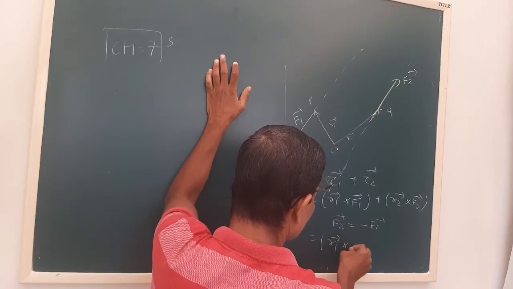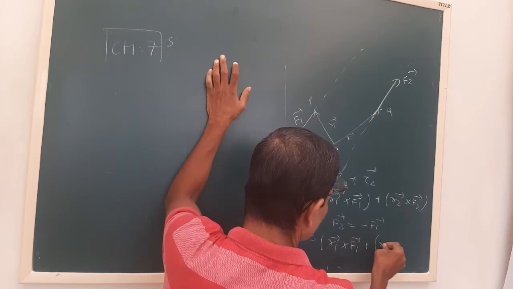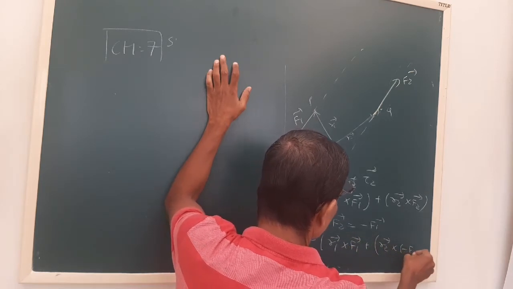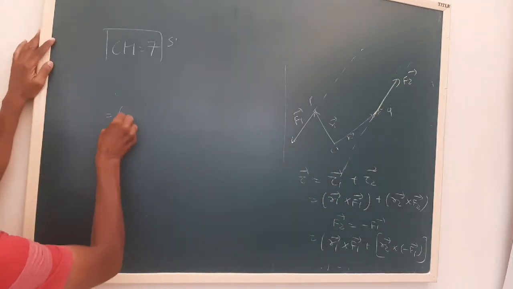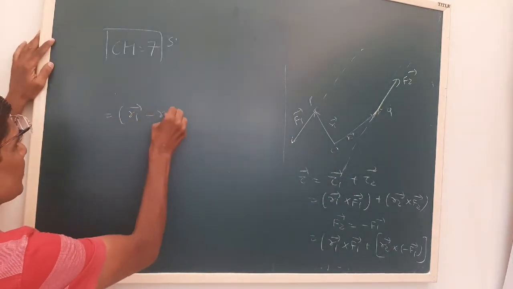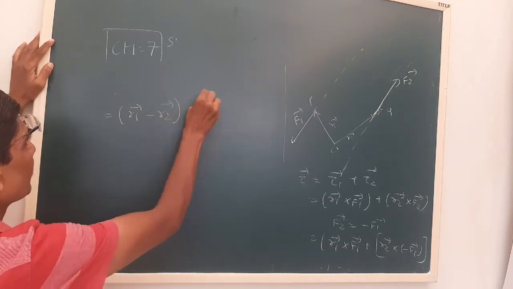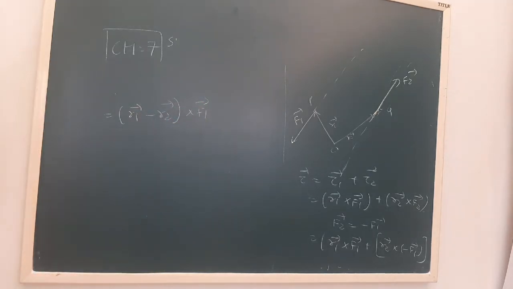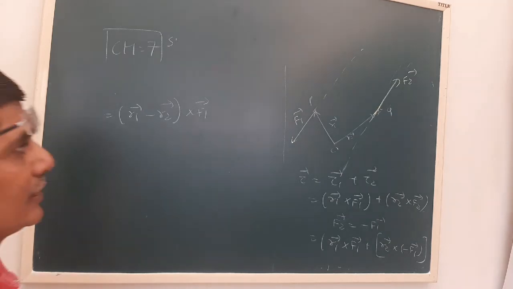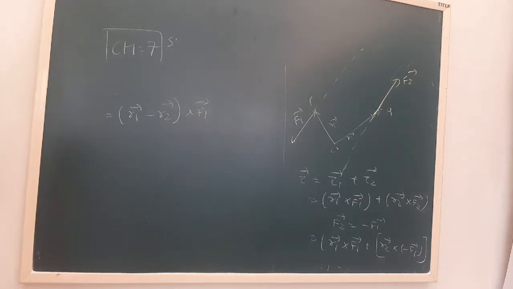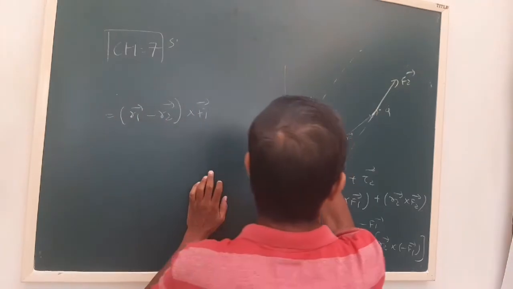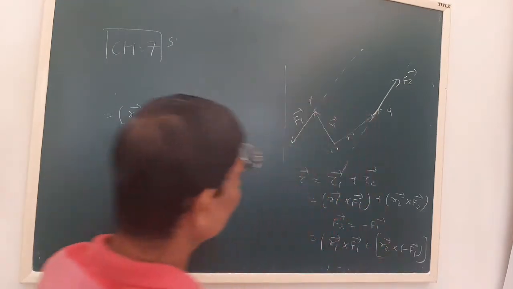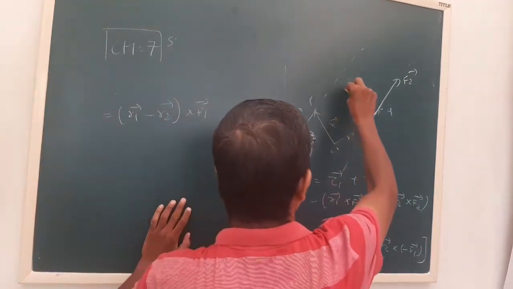So we can write R1 cross F1 plus R2 cross minus F1, which gives R1 minus R2 cross F1. Now we can find the perpendicular distance between the two particles by trigonometry.